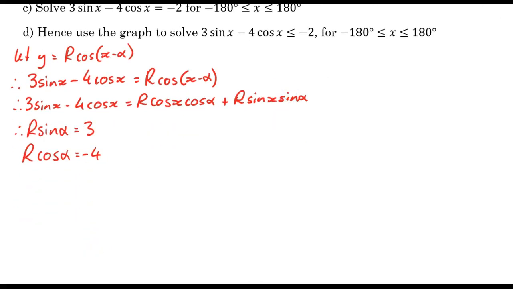Now from there I'm going to square both of those and add them together. So I get r squared sine squared alpha plus r squared cos squared alpha equals 3 squared plus 4 squared, which is 9 plus 16.